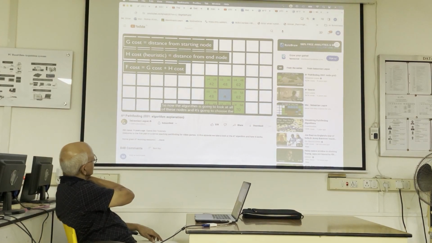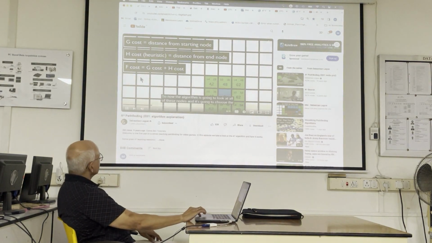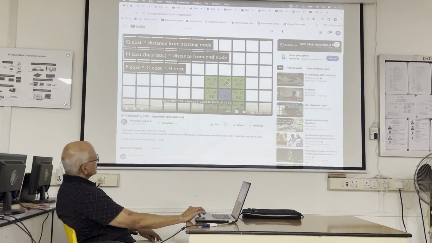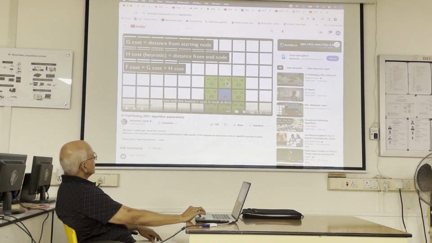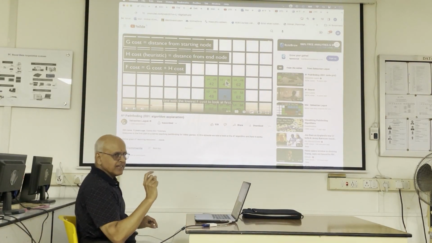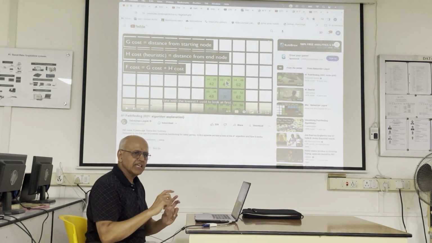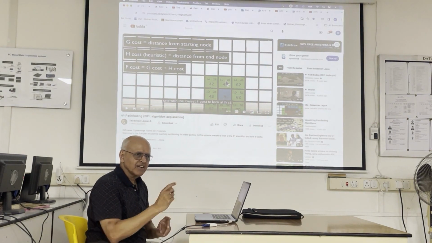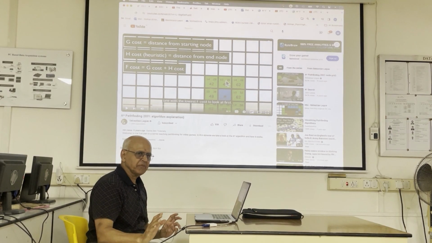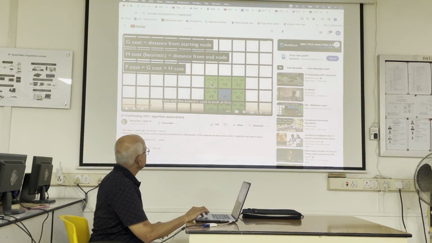Now the algorithm is going to look at all of these nodes and choose the one with the lowest F. He's using a compromise between Euclidean and city block. Some other gamers just go city block all the time. For instance, some gamers for this will say 10, 20, 30, 40. He doesn't do that.